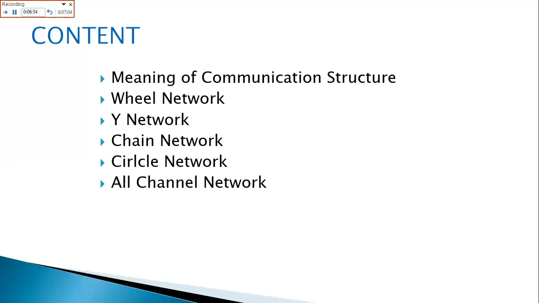it is a pattern of communication network in which a person communicates with immediate superior and subordinate in hierarchy.